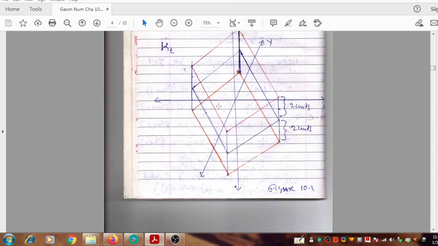As a result, in the vertical direction, which is the z direction, wherever you take the lattice point, it can vary from +2 to -2. And also, as the point is a lattice point, its coordinate values are always integers.